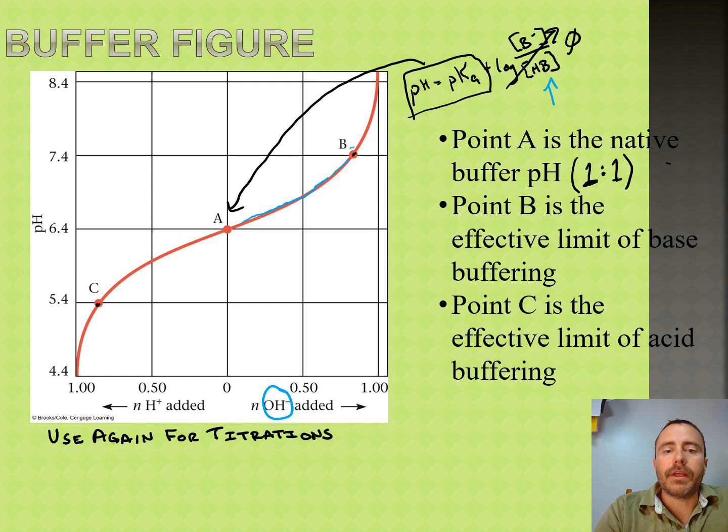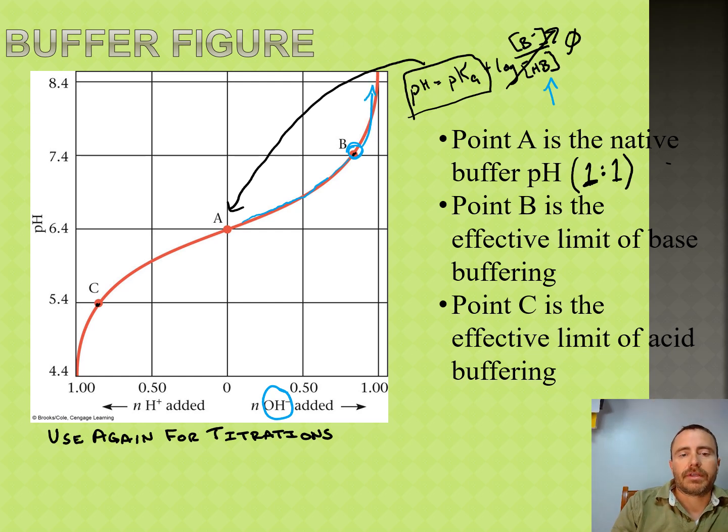Eventually, we're going to reach a point out here at point B. That is the point in which we have added in so much strong base that we have run out of all of the weak acid. And when we do that, as I continue to pour more and more strong base in, now it doesn't have anything to react with. So now I just have a solution that's weak base and strong base. Notice that the pH then is going to go up really fast after that point.